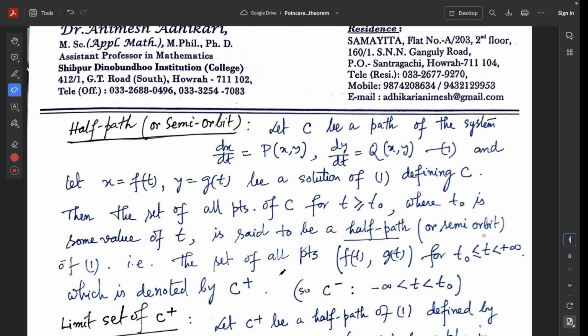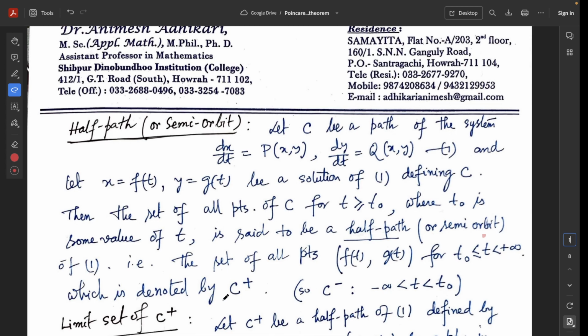That is, the set of all points (f(t), g(t)), these coordinates of the points, for t0 less than or equal to t less than plus infinity, is denoted by C plus, because here t0 is the initial time and this is from t0 to plus infinity.